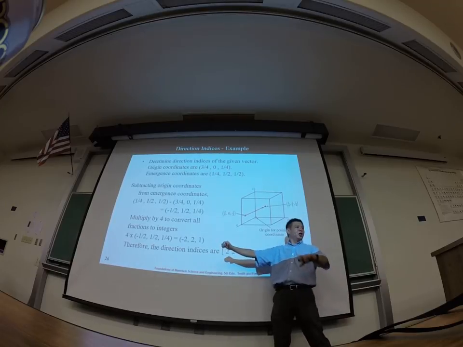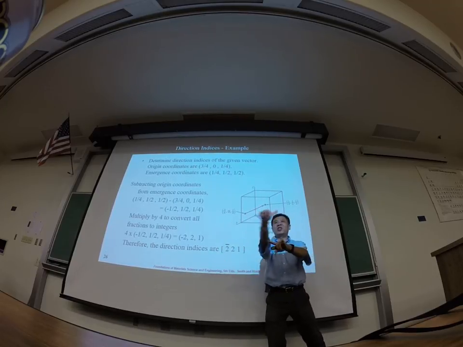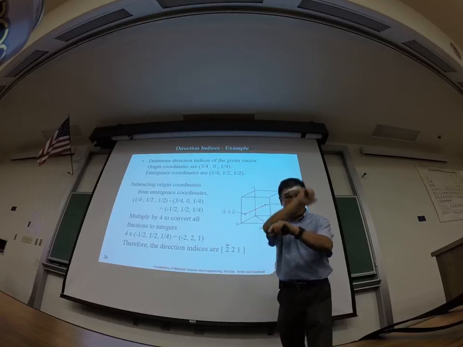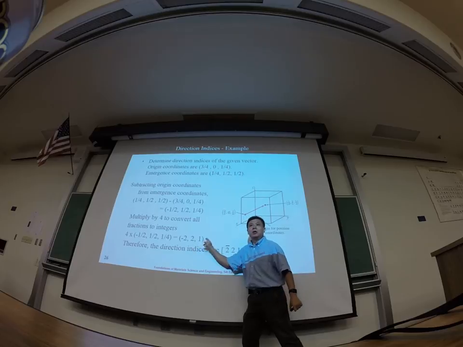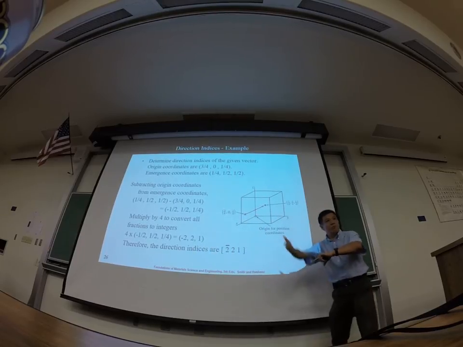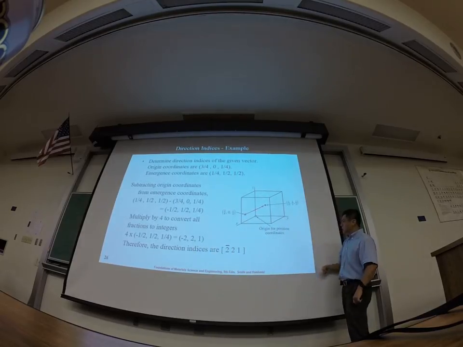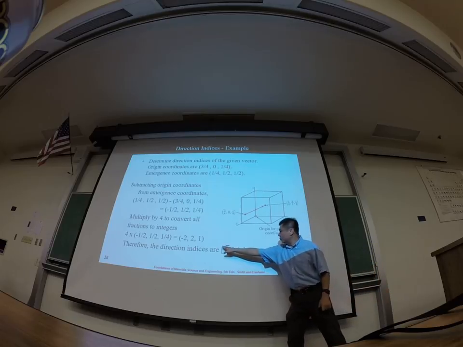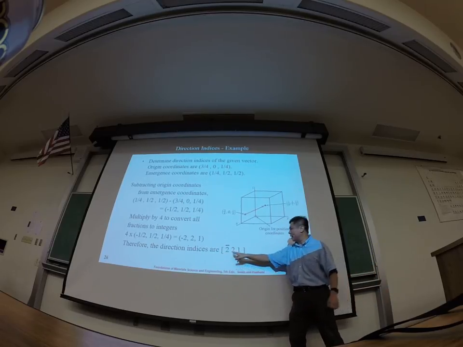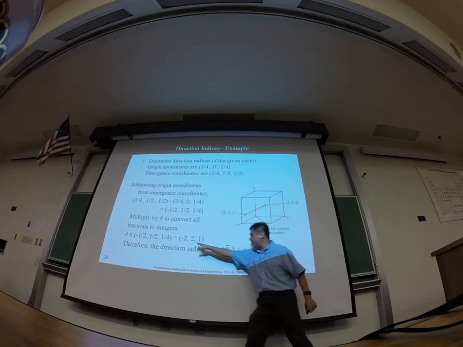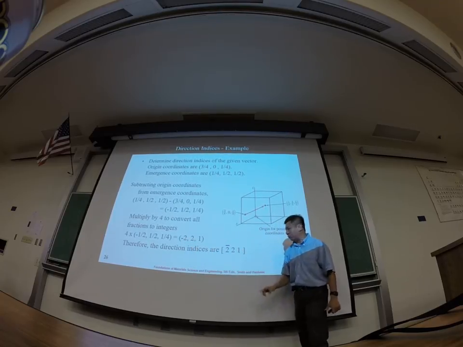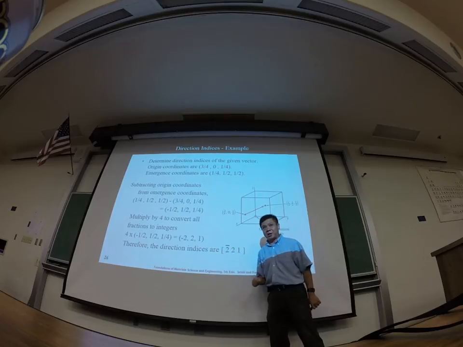That indicates it's directing toward the negative direction. Once you get these numbers, to write the directional indices, we use a square bracket and write a 2 with a bar above it that indicates -2, then 2, 1. Don't forget, you do not use commas here.